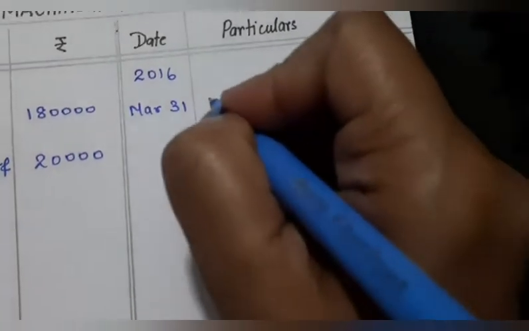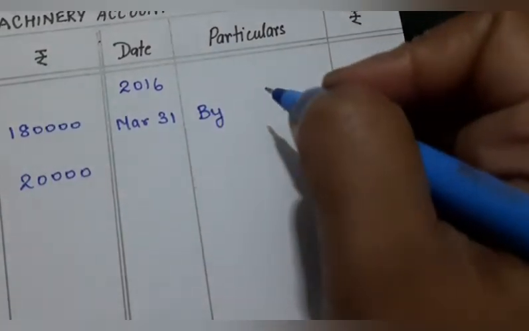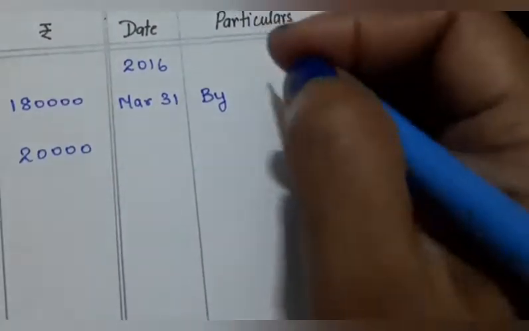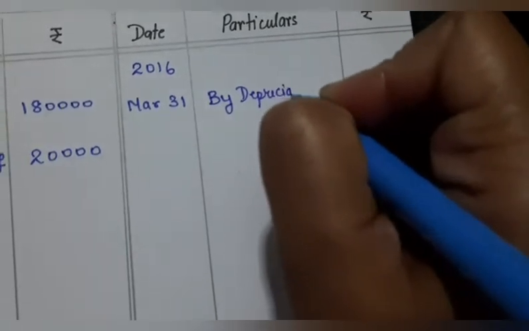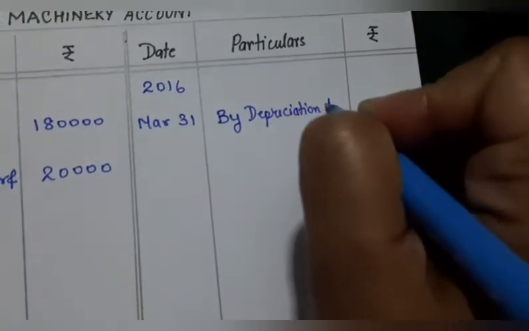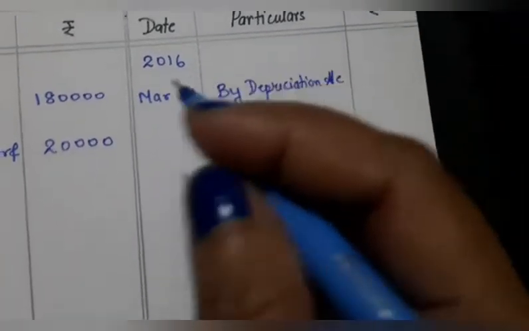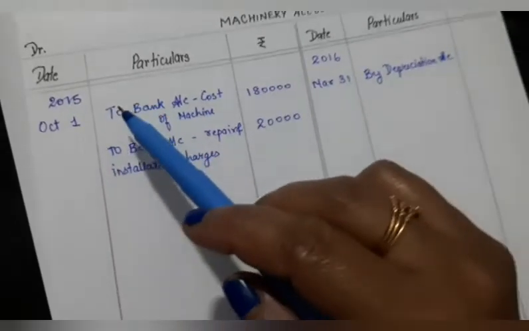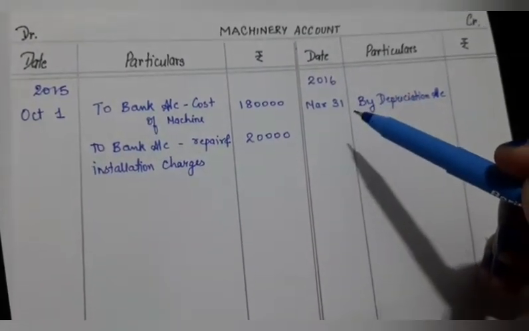So the entry will be depreciation account debited to machinery account. So on the machinery account credit side we will write by depreciation account. Okay, but here you have to see that we are purchasing this machinery on 1st October and we are charging depreciation on 31st March.